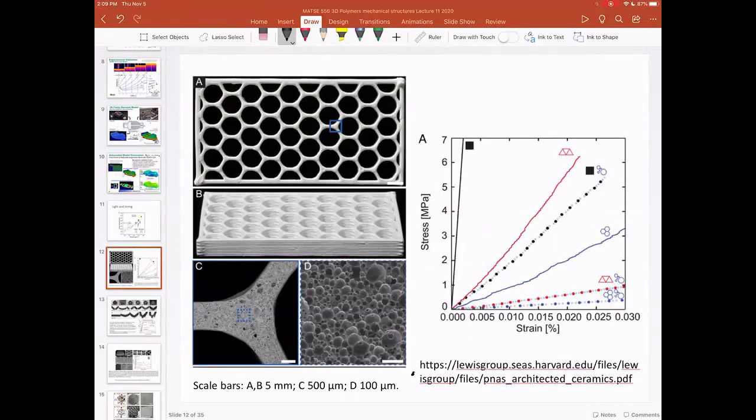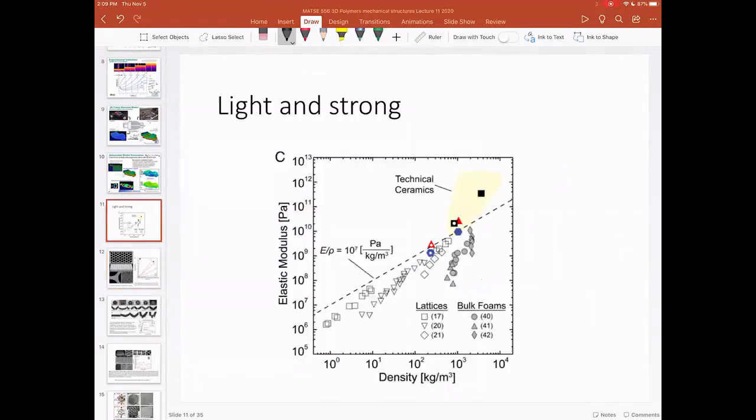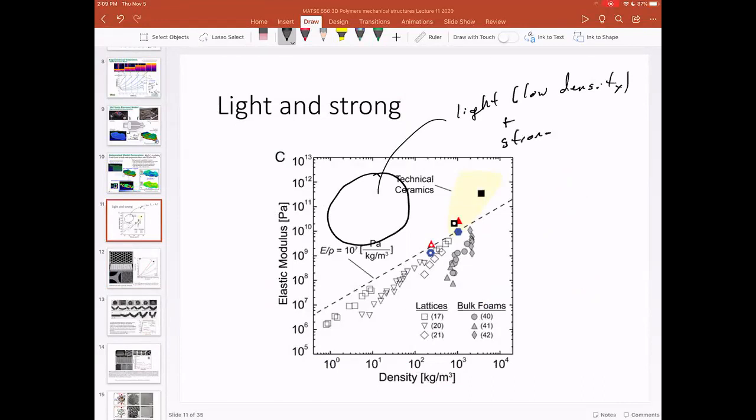Really the goal is to come up with structures that give you light or low density, and strong, or in this case, high elastic modulus.